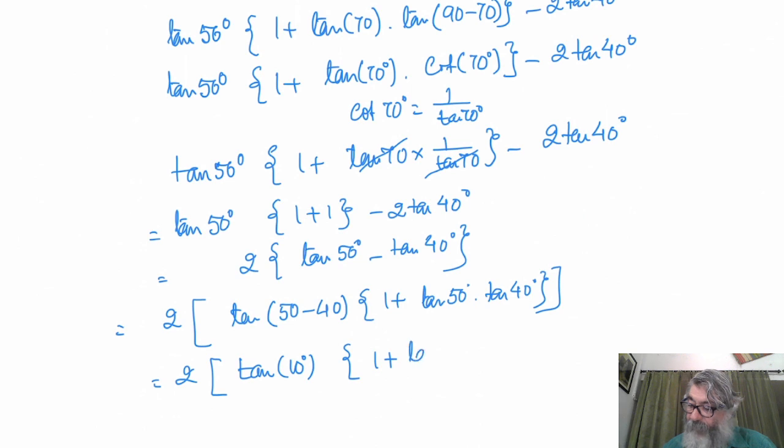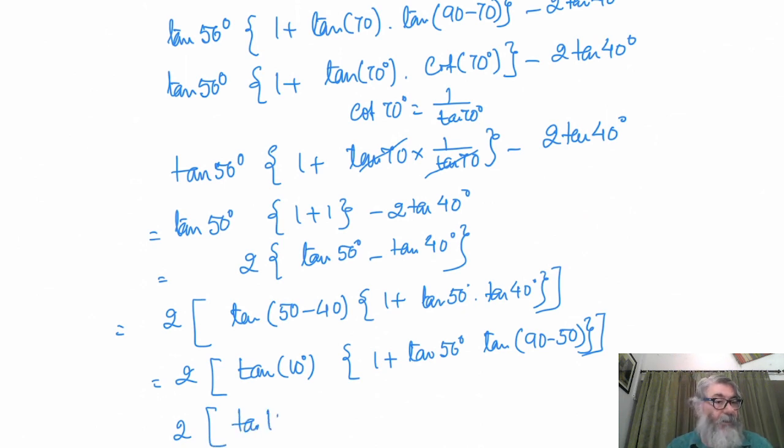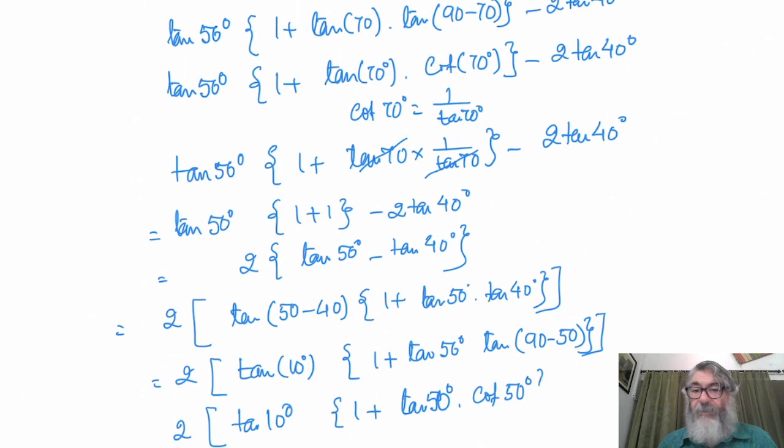And what will you get? You will get 2 tan 10 degree, and this will be 1 plus 1. So it will be 4 tan 10 degree, which is the right hand side. So we are able to prove this equal to the right hand side.